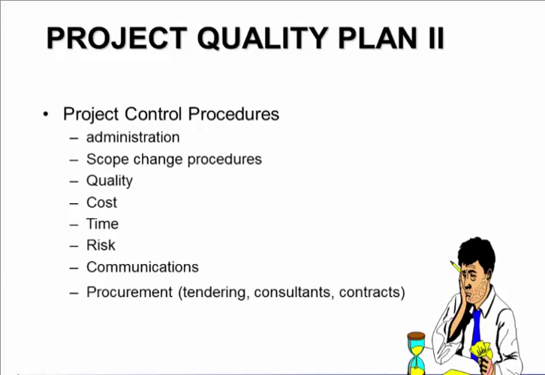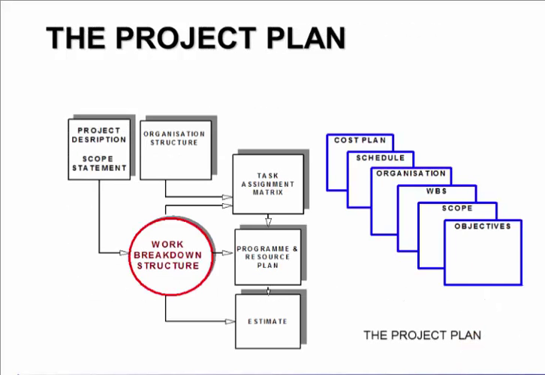Okay, so the procedures and the control then go through an administration phase, the quality aspects, the timeliness, the ability to manage risk, and making sure that the communications have a good understanding and how each of the procedures are there to do the communications, and thereby the procurement.